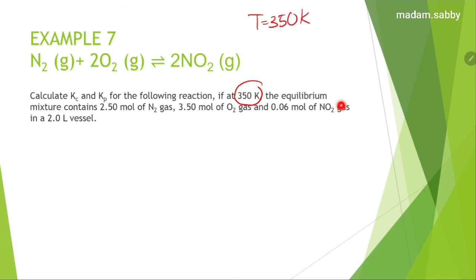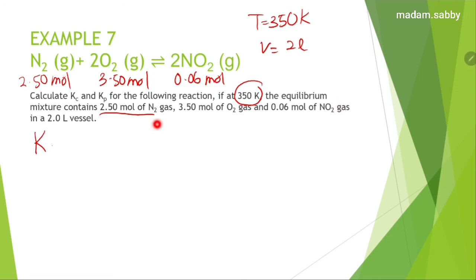They give you the initial moles: 2.50 mole for nitrogen, 3.50 mole for oxygen, and 0.06 mole for NO2. The volume is 2 liters.